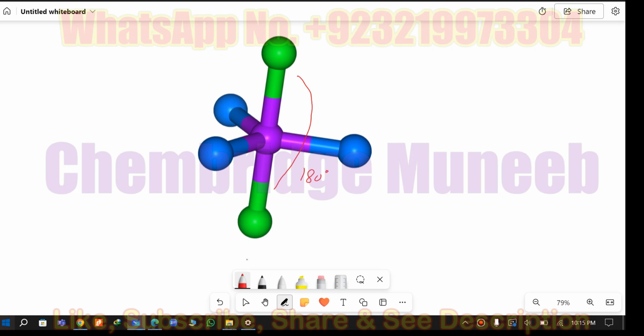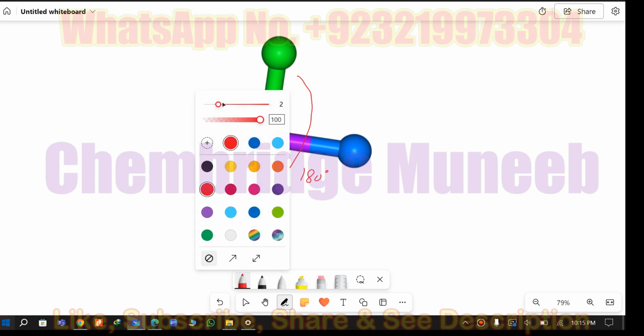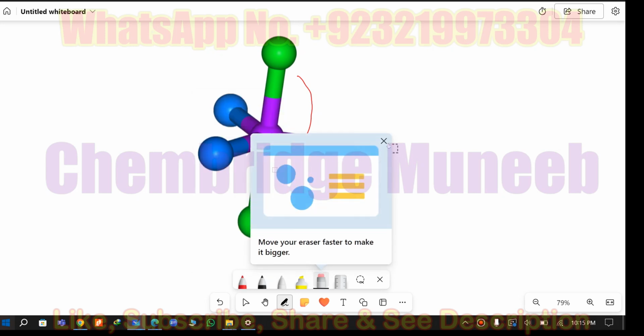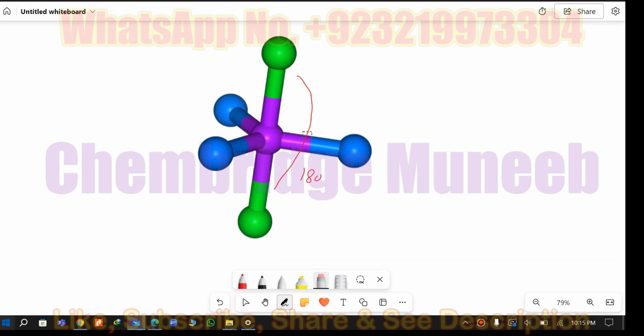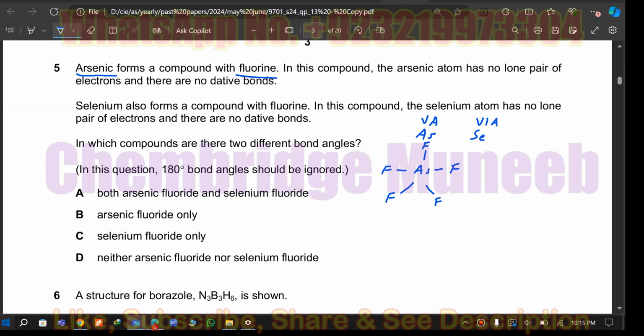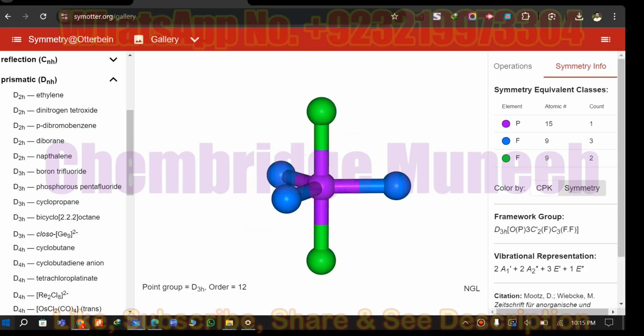The other angle over here is the angle from this green to this blue. We can see here that it is totally a right angle, so my right angle is 90 degrees.